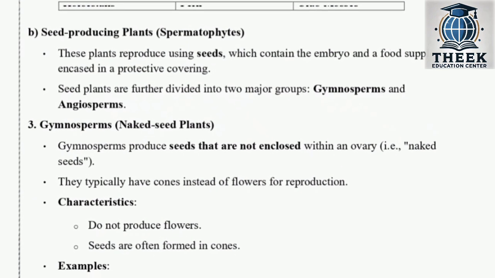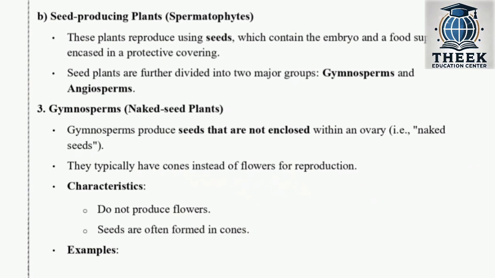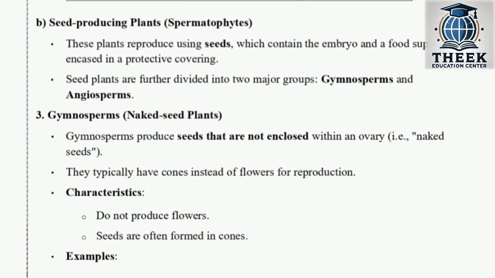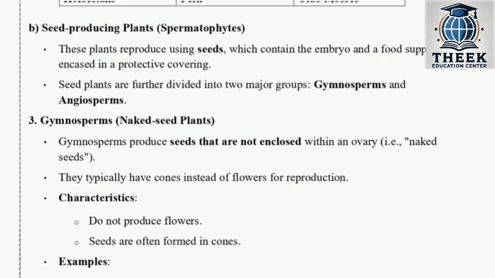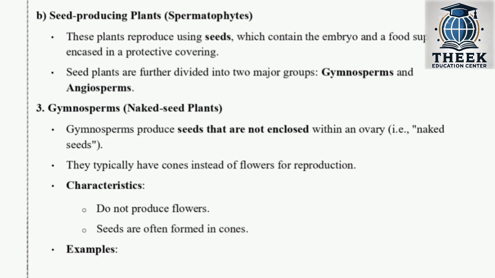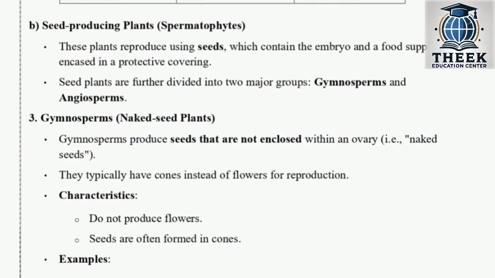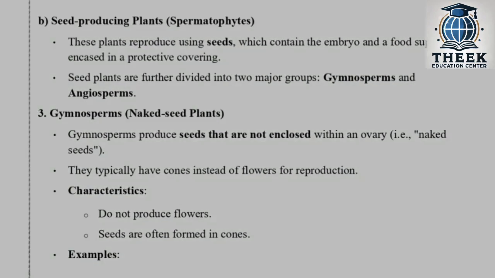So they have cones, and the cones act like flowers. They don't produce flowers. Seeds are often formed in cones. Those are the two major characteristics of the gymnosperms.